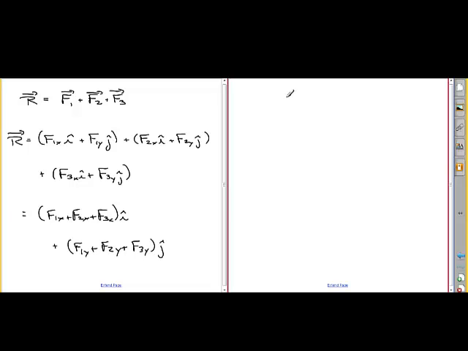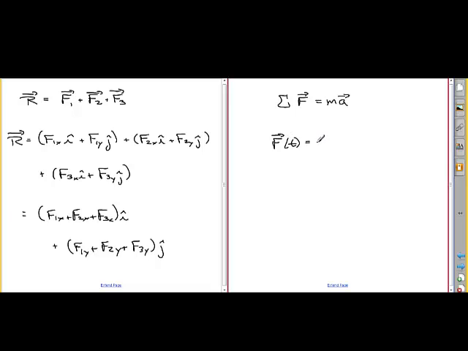Now, the other thing that is seen a lot is, Newton's second law says the sum of the force vectors, which is the net force vector on the object, is equal to the mass times the acceleration vector. So what can happen is you can have the force vector as a function of time.